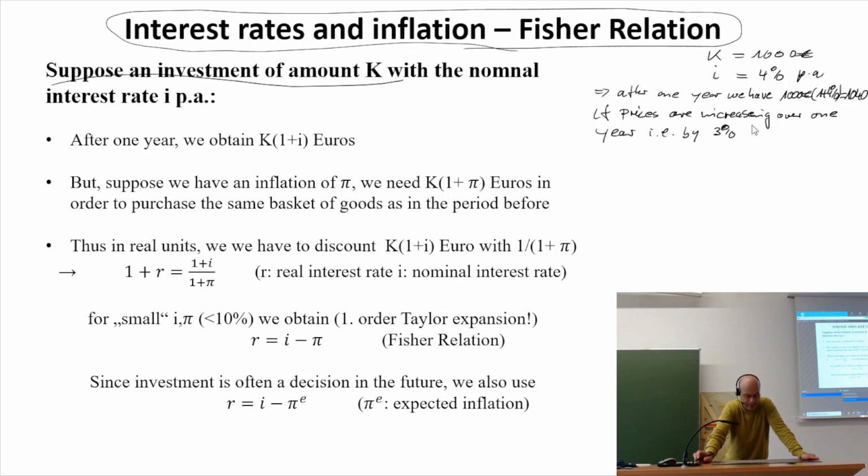We have to ask ourselves, if my expectation is that inflation is 3%, and for inflation in economics we usually use the Greek letter pi. So it's not 3.14, it is the letter for inflation.